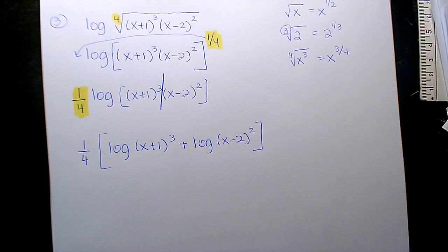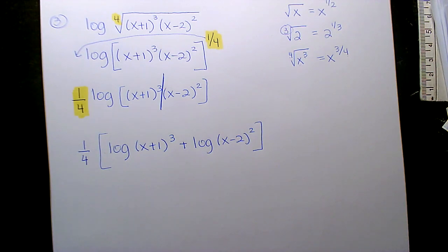Okay, what should be my next step? Raising x plus 1 to the 3rd and then x minus 2 to the 2nd. No, well, where should I put it? What should I attack and where should I rewrite it? Go back to your power rule. So see the 3 and the 2?